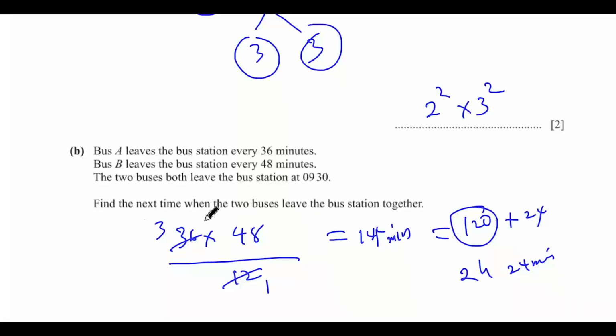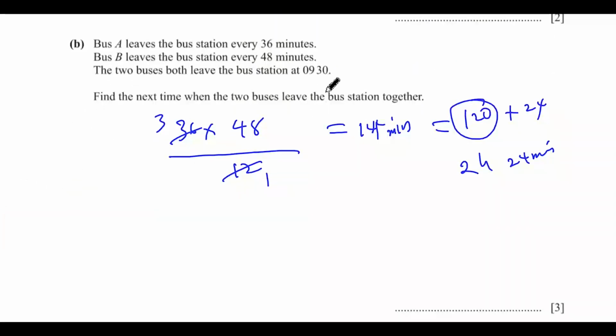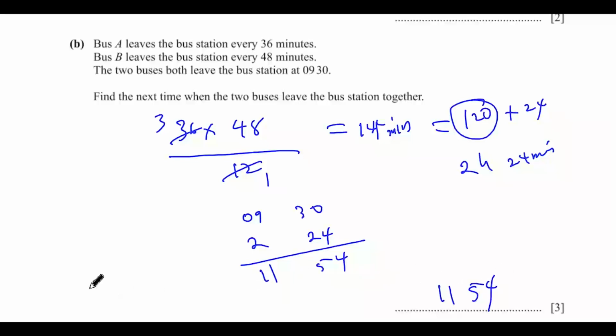So if you add 2 hours 24 minutes to 9:30, add 2 and 24, so this will be 54, and this will be 11. So that means the next time the two buses leave the bus station will be 11:54. So that's pretty easy.